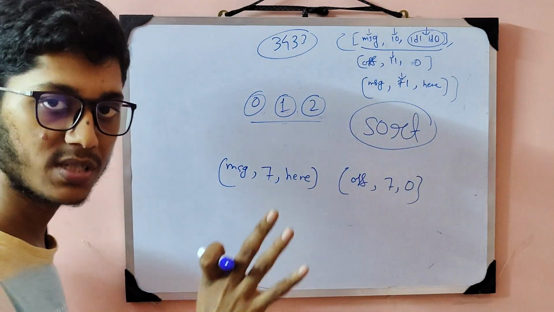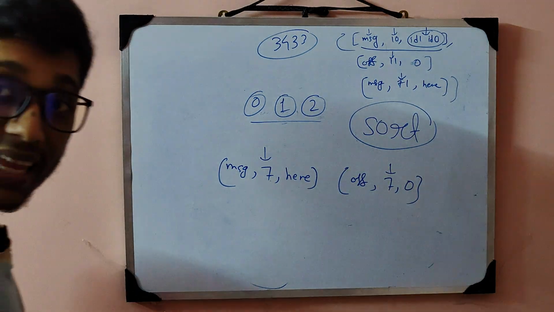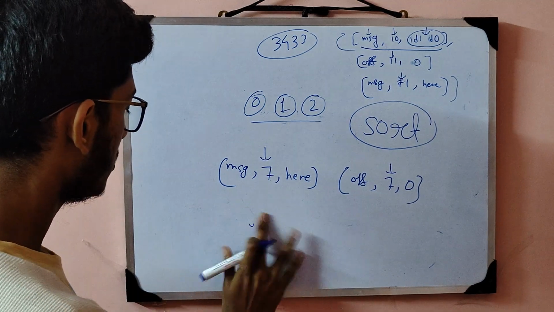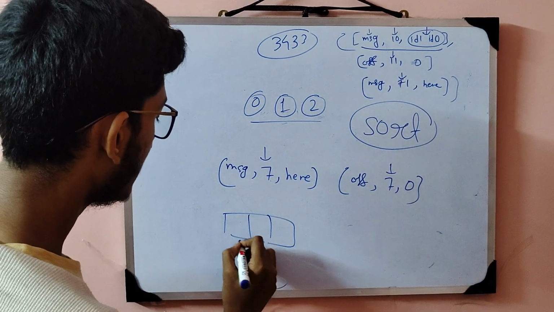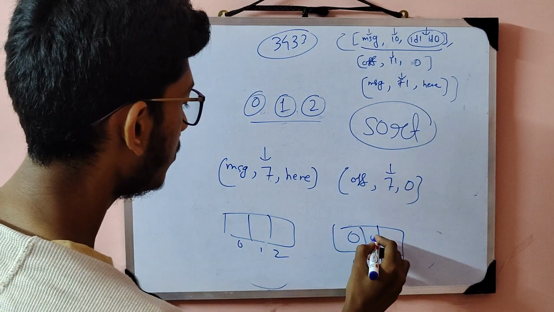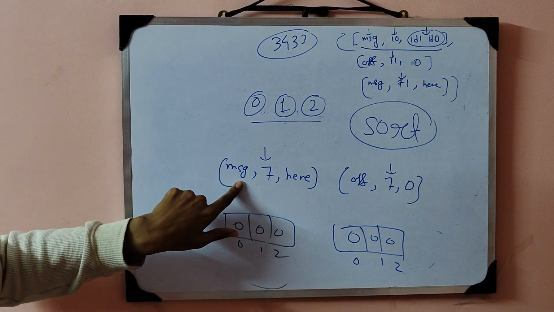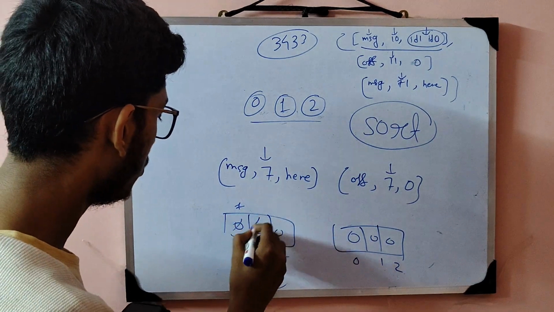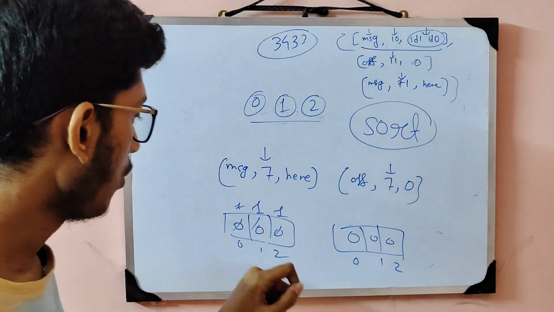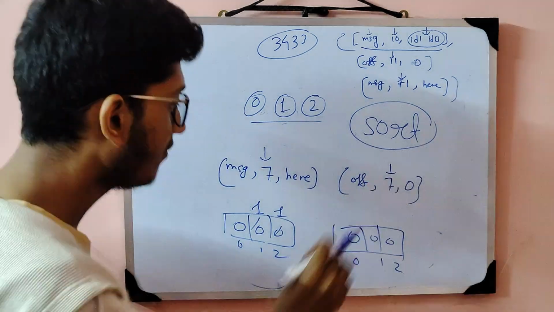Suppose here is our mention array 0 1 2, and here is our timestamp array 0 1 2. Initially both are 0, and here it shows message, so we will increment all 3 of them. But the 0th one should stay 0 because it is going offline.